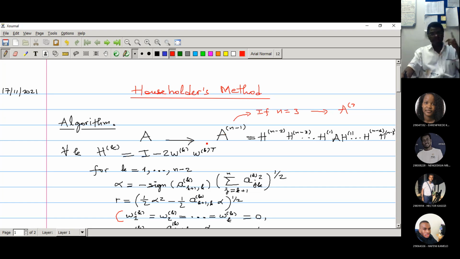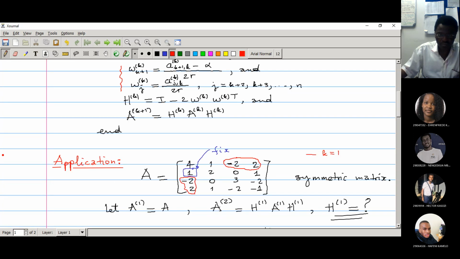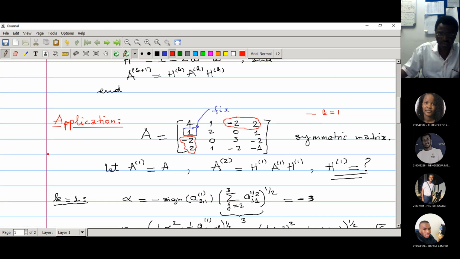That's for K. This is AK. That's for K. It doesn't work here. If you do that, you know that the number of times that we zero, you have 1 and 2, which is n minus 1, right?